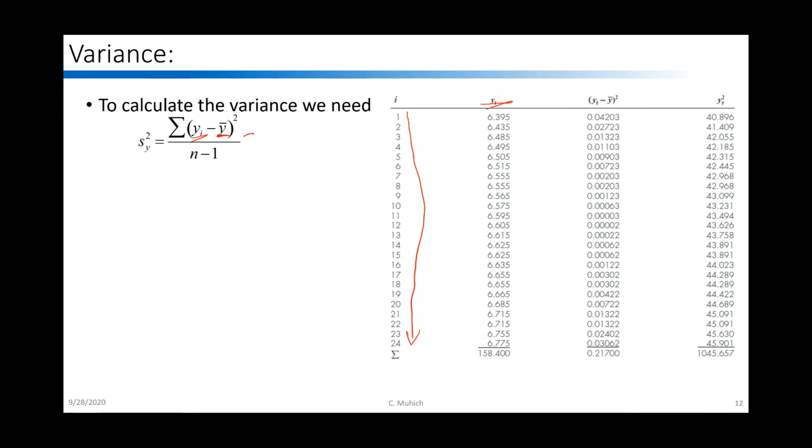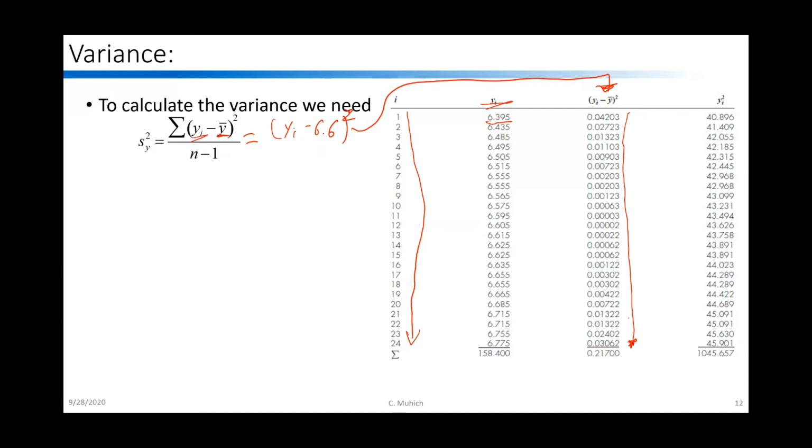And we can take that mean value that we calculated, so y minus 6.6, squared, and I can put that in this column. So all I'm doing is taking each individual value. So here in that first case, 6.395 minus 6.6, and then squaring that value. So I've come down here and done that for each individual element.